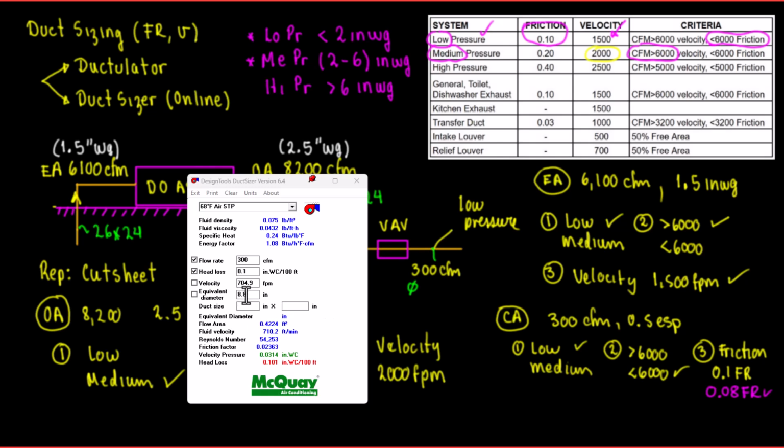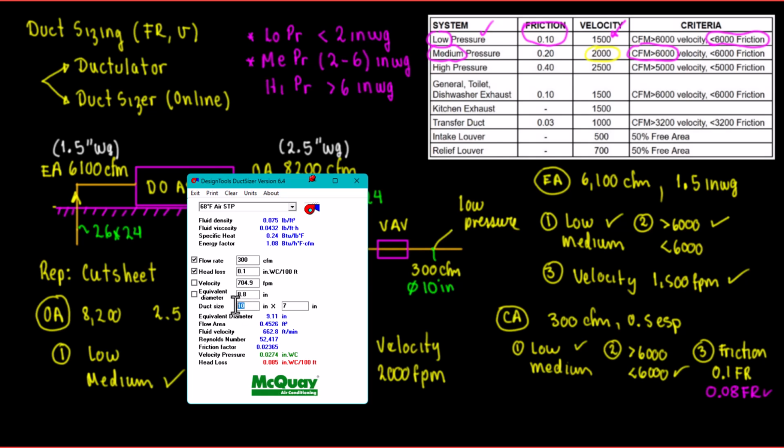It says 8.8, so I'm going to make this 10 inches round, or I can put the equivalent rectangular duct. The rectangular duct is 10. Perfect. When you go downstream, because this is going to go to the space, you need to think about the ceiling plenum. In the ceiling plenum, the height is, for example, 10 or 12.